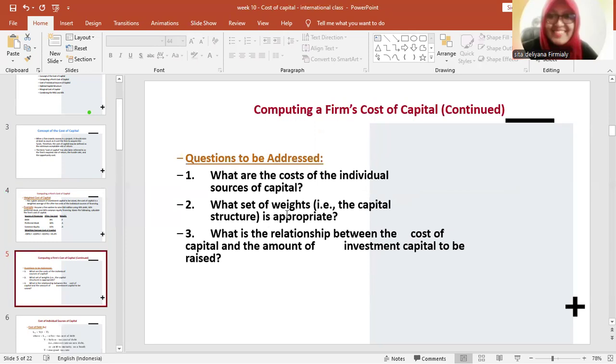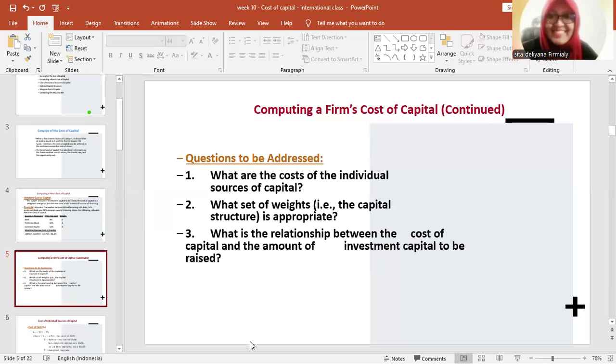What set of weights is appropriate in the capital structure? Remember, I have already mentioned this when we talked about the capital structure. The capital structure talks about the ratios between the capital as well as the debt. So basically, we're talking about the ratio between the strength within the company and the strength outside of the company: how much dependence the company has on internal sources compared to external factors.